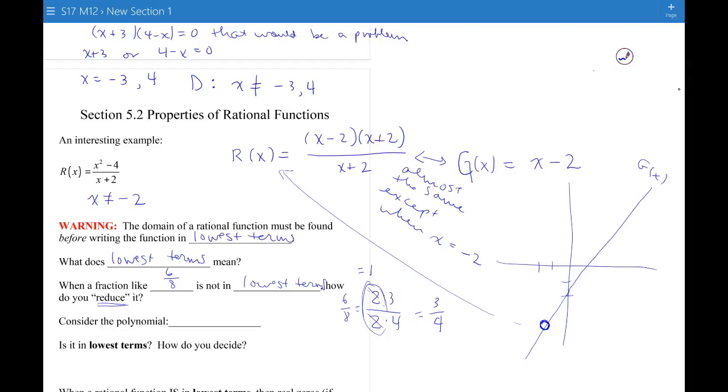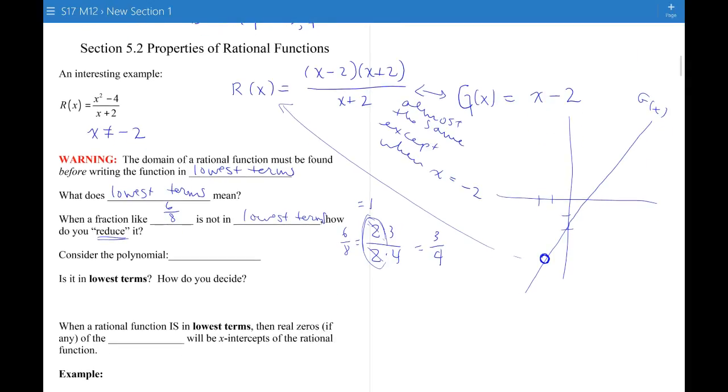So consider a rational function. Let's see. How about x squared minus 5x minus 6 over x minus 3? Is it in lowest terms? And how would you decide?